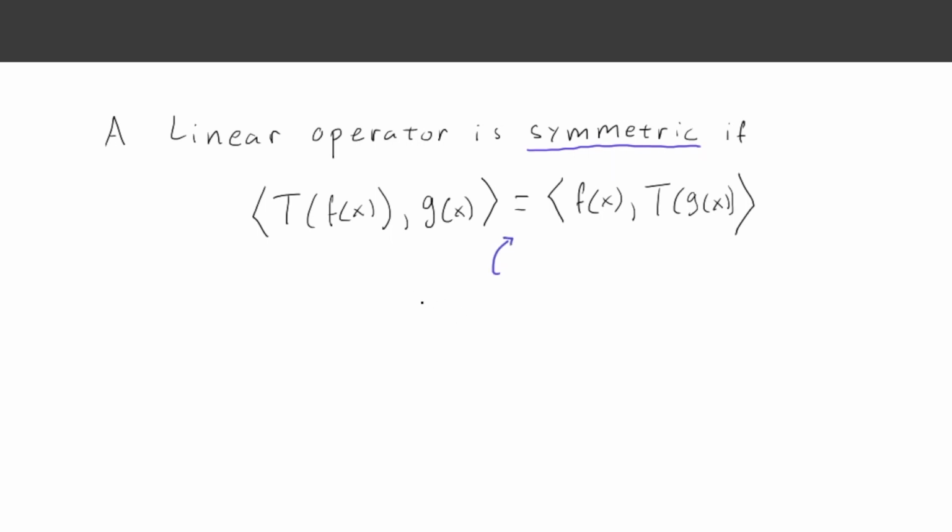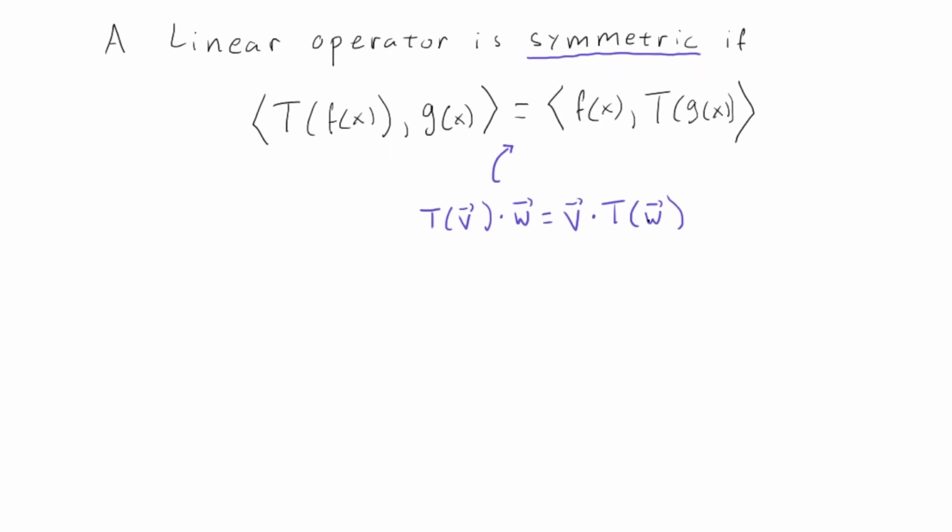We said an operator is symmetric if T v dot w is equal to v dot T of w. It's exactly the same thing, but now our vectors are these periodic functions.